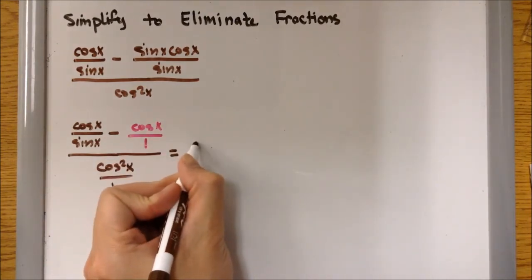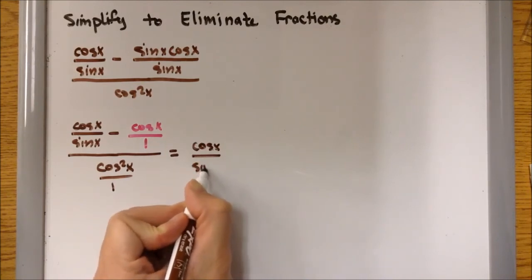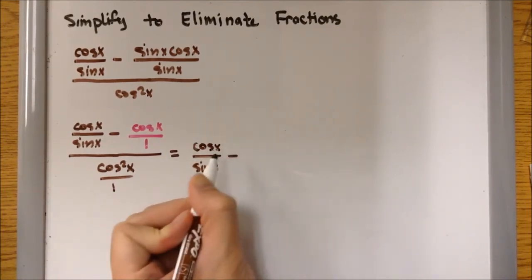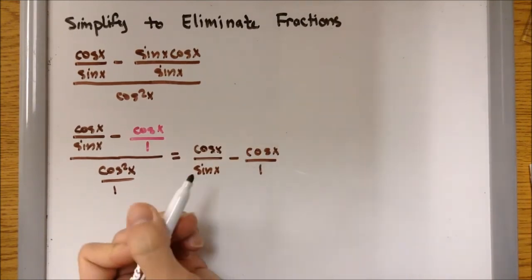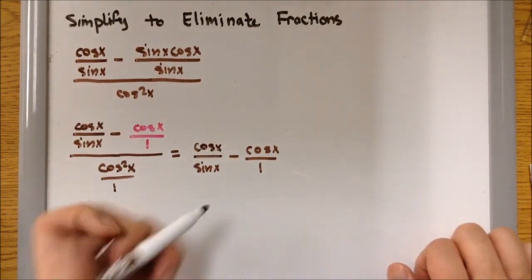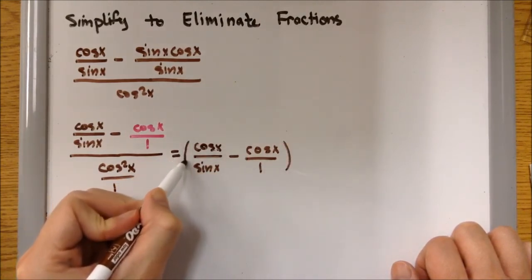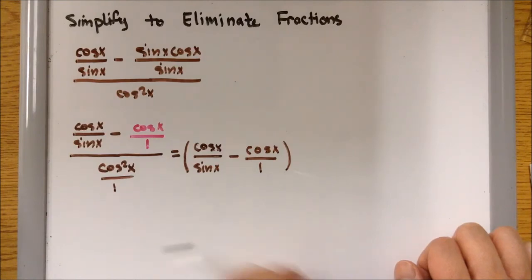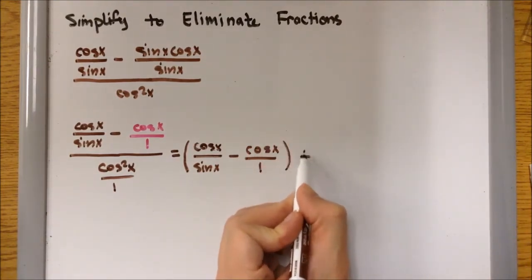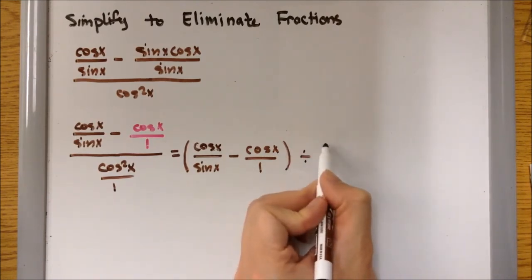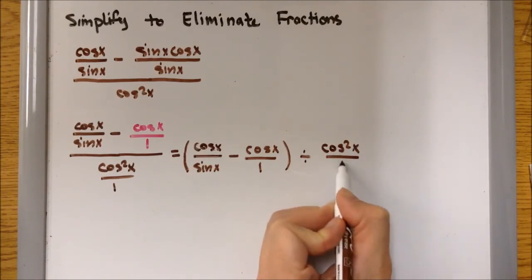So cosine of x over sine of x minus cosine of x over 1. Now the whole thing I'm going to put in parentheses because they're from the numerator, divided by the denominator, so cosine square of x over 1.